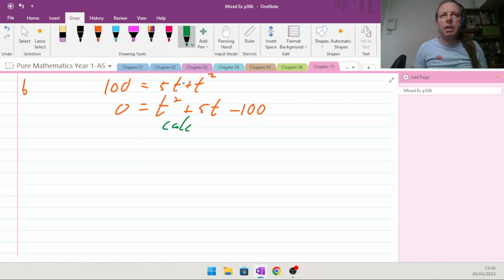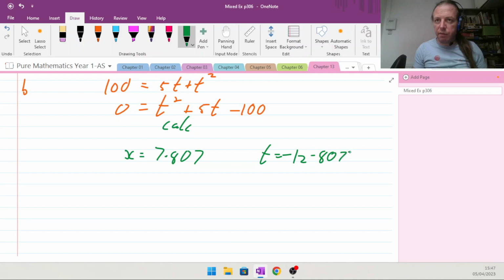And we end up with, I think we'll go decimals on this, 7.807, and also t equals minus 12.8077.